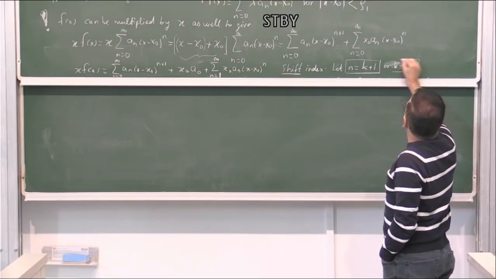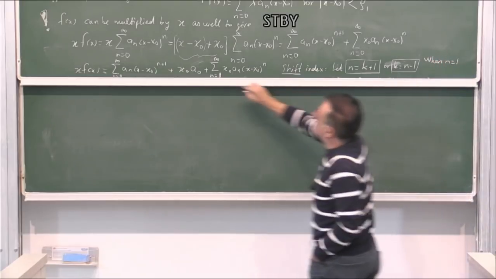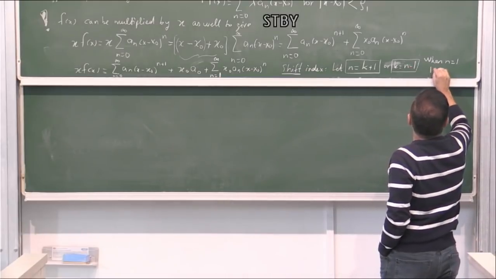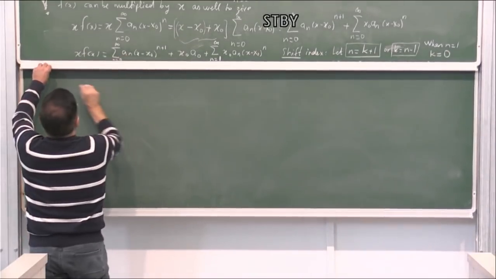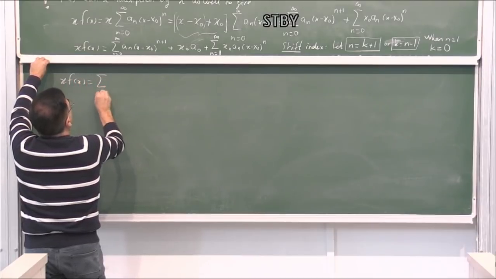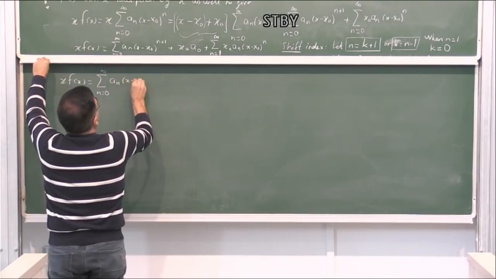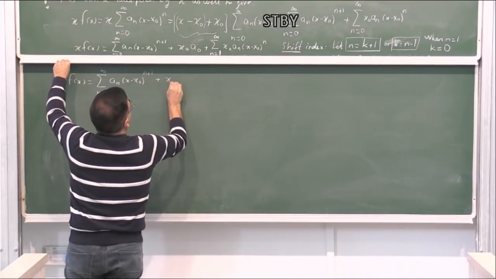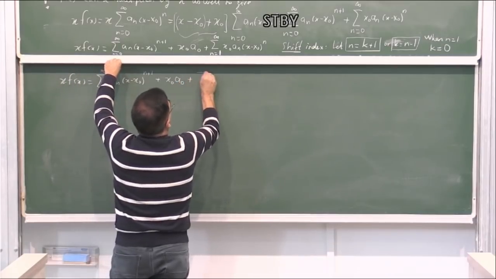So when n is 1, the lower limit of the sum, look, k starts with 0. Therefore, I write x times f of x as that from 0 up to infinity an x minus x0 to power n plus 1, plus this constant term x0 a0, and plus.